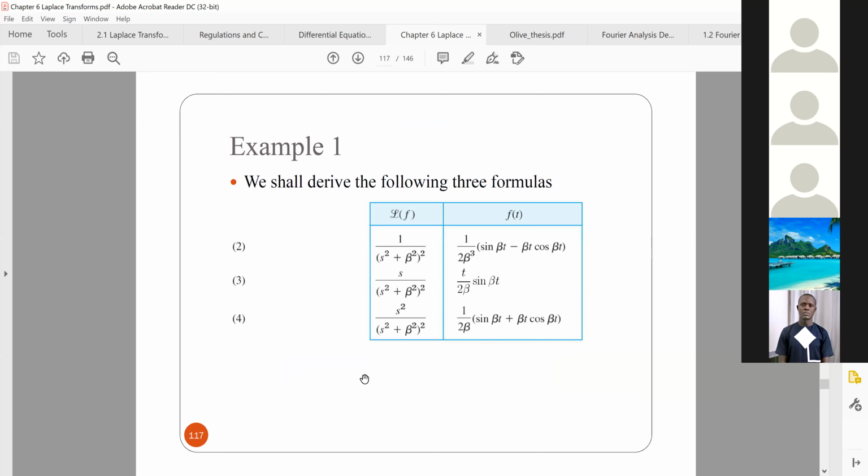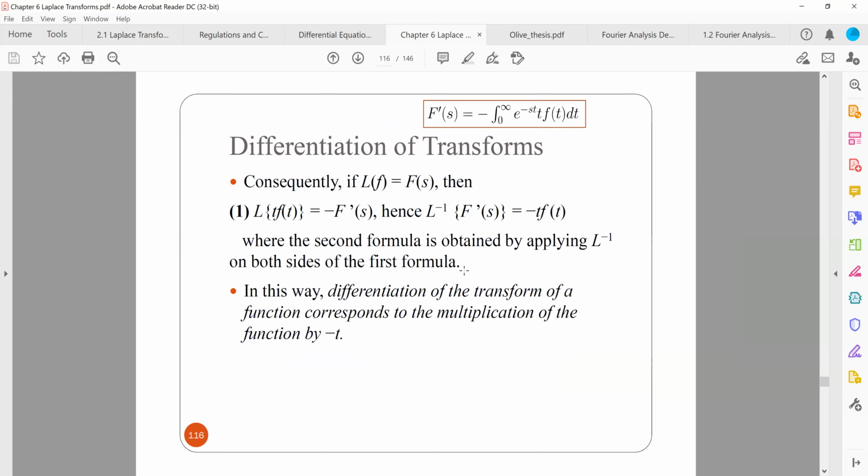Another thing, because remember we are trying to prove this formula, so we have hints here. We know that if you multiply a sine by t, from our formula here, the Laplace of f of t is equal to minus the derivative of this.